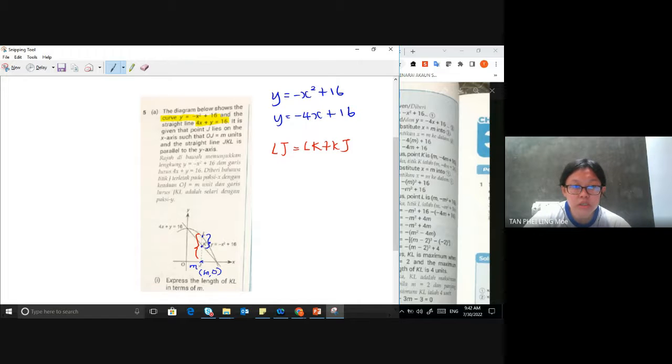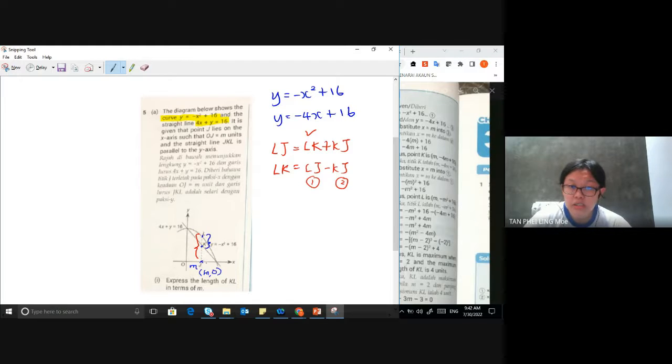So to make LK the subject, I have to take LJ minus KJ. If you want to find the blue part, take LJ, the whole thing, minus KJ. So we just have to find LJ, then minus KJ, the distance.